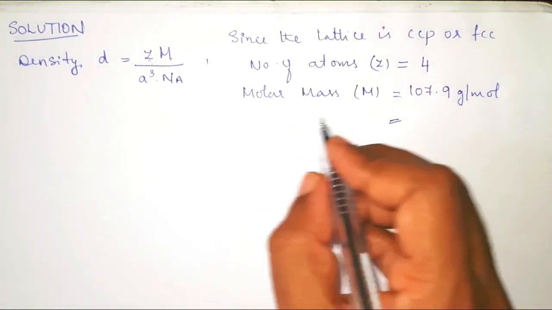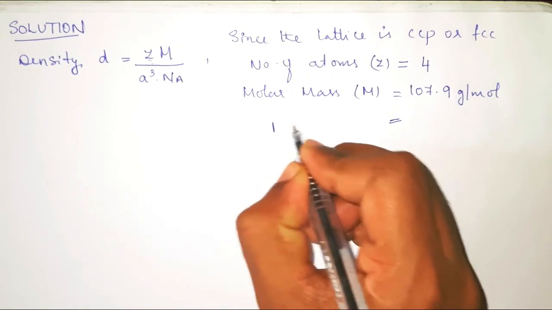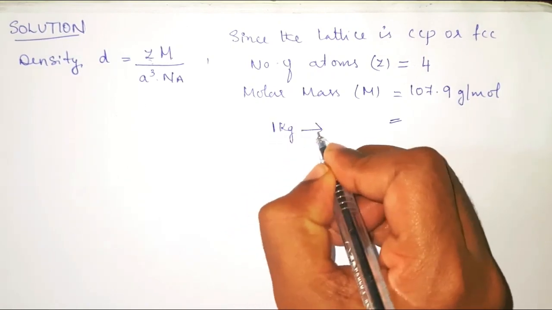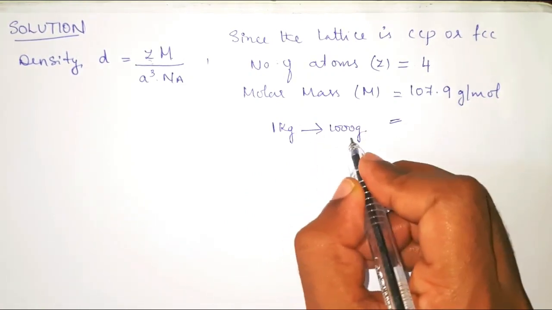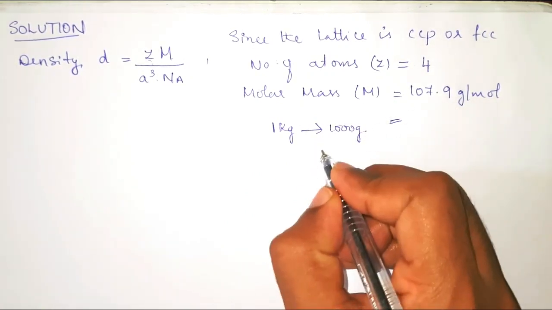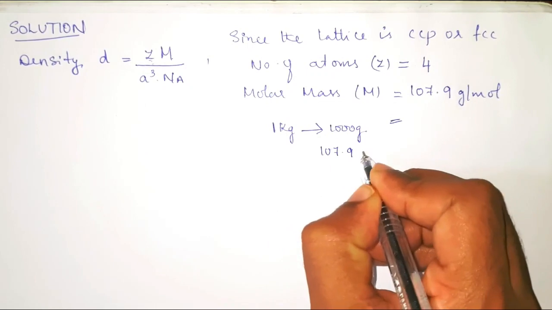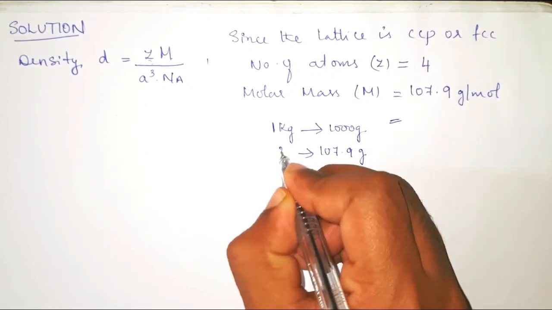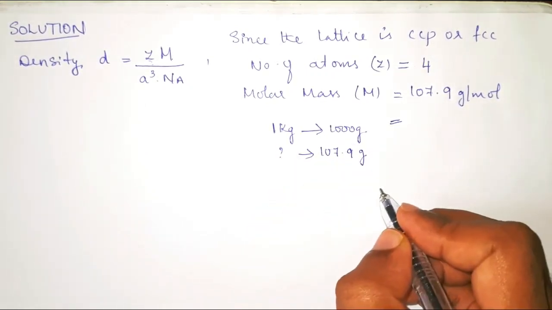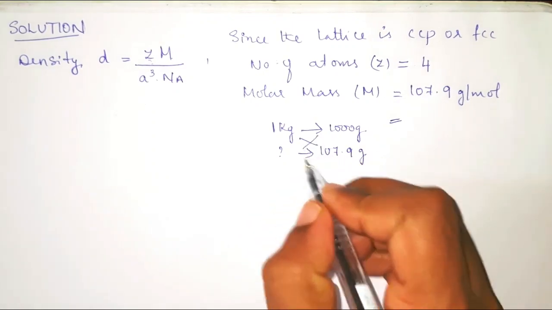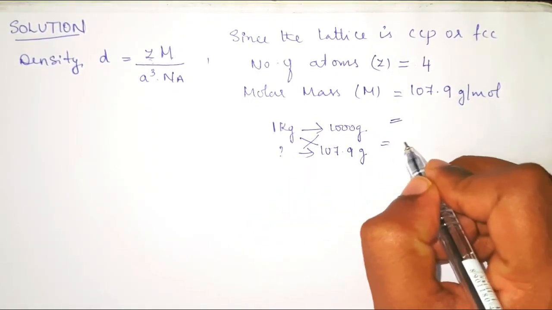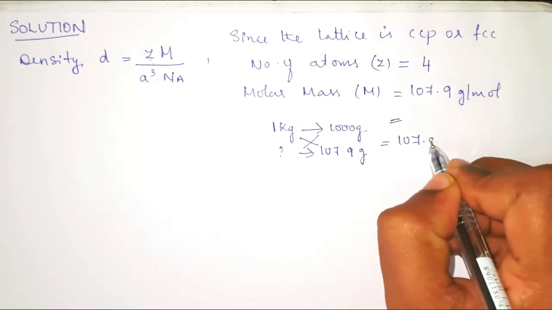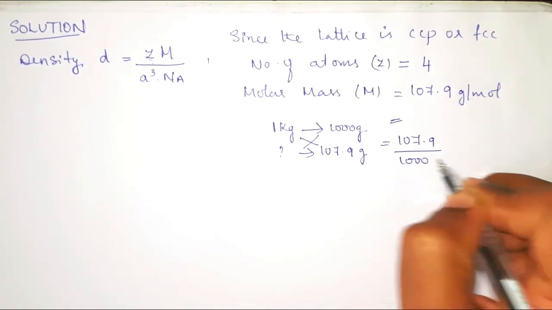I'll just write it here. 1 kilogram is how much? 1000 grams, isn't it? Here 107.9 grams is given, and we need to find how many kilograms. Cross multiply: 107.9 into 1 divided by 1000, that is 107.9 divided by 1000.